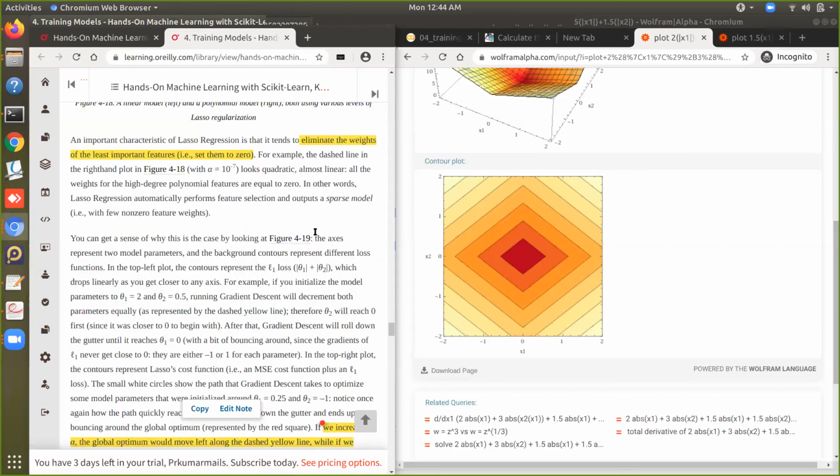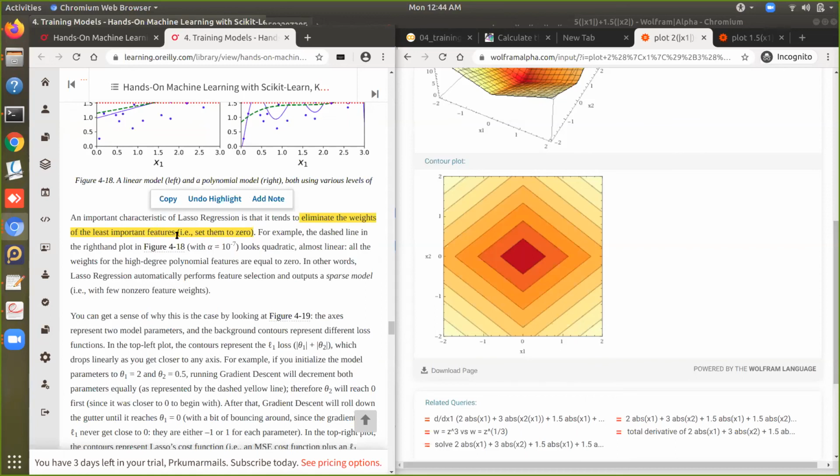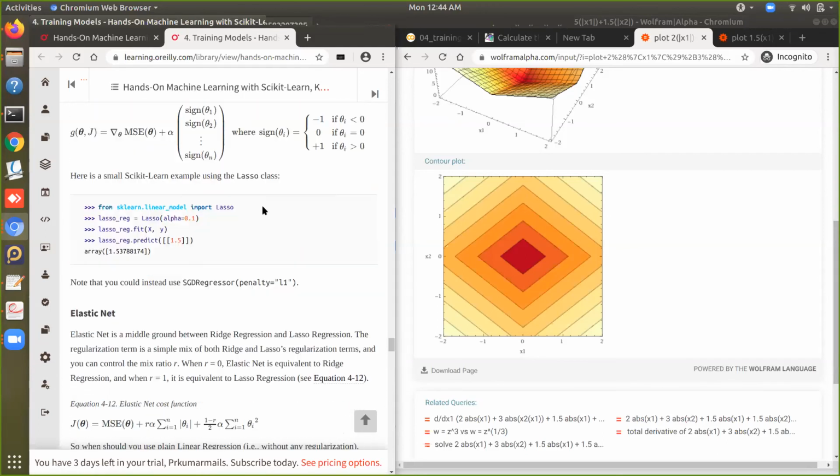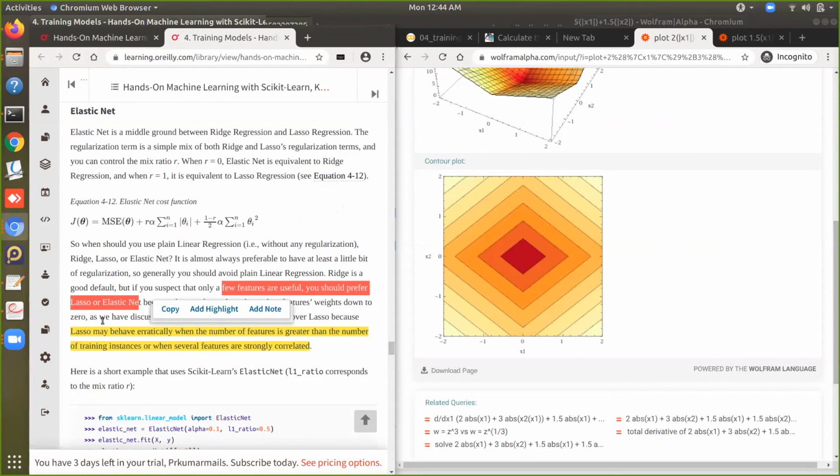Lasso regression will eliminate the weights of the least important features. Because of that, when only a few features are useful, lasso is preferred. Similarly, elastic net also.